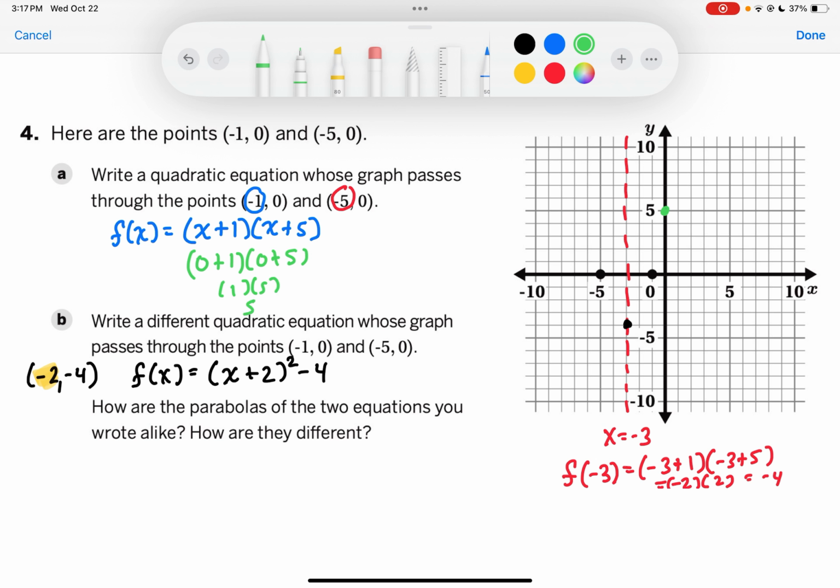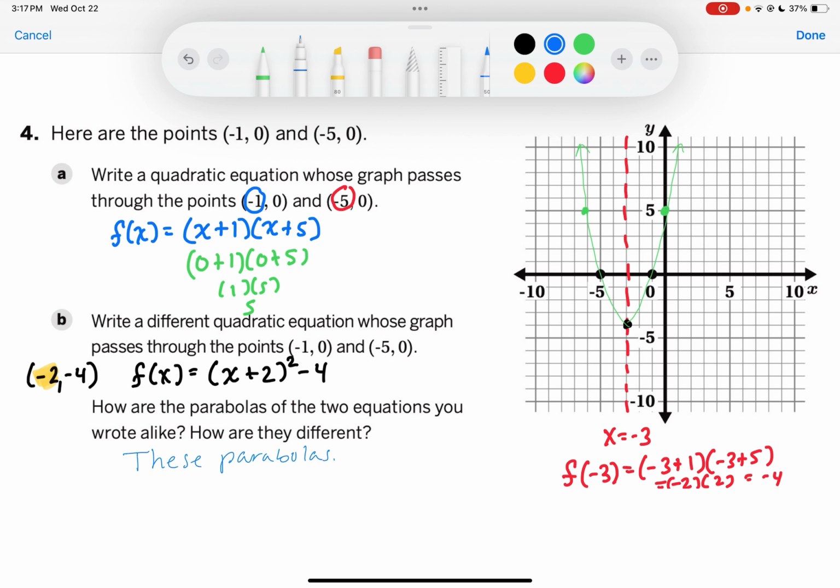That means that I have another point here. But they're the same parabola. They're the same thing, in this case, because I kept a as 1. So in this case, these parabolas are the same.